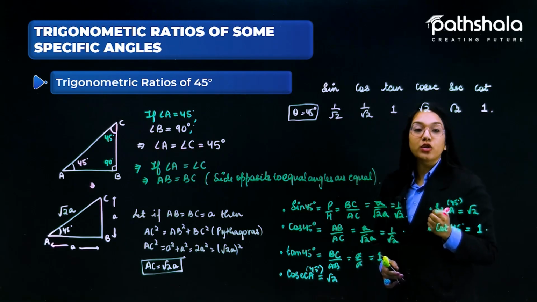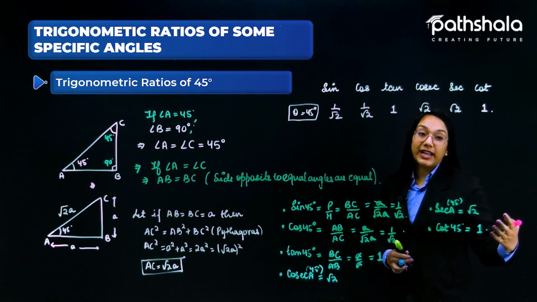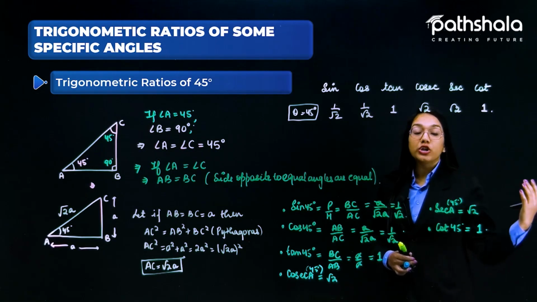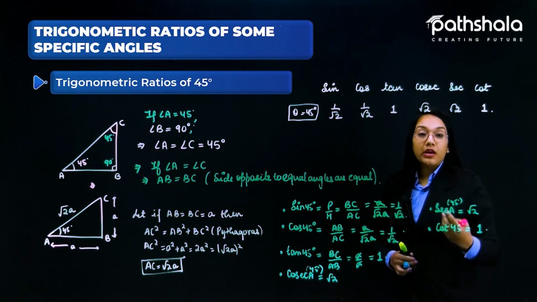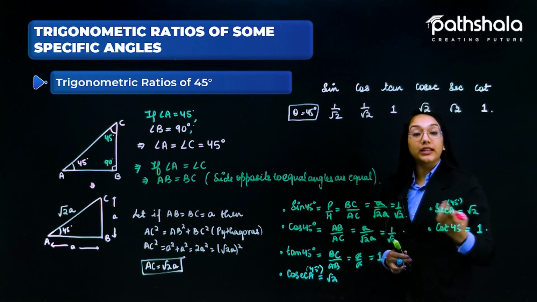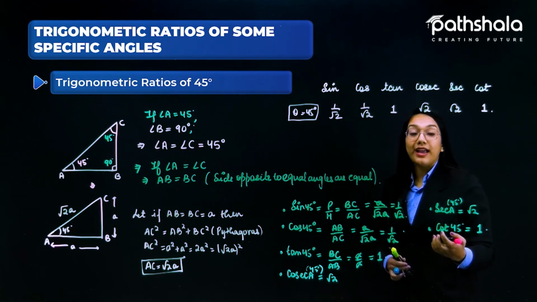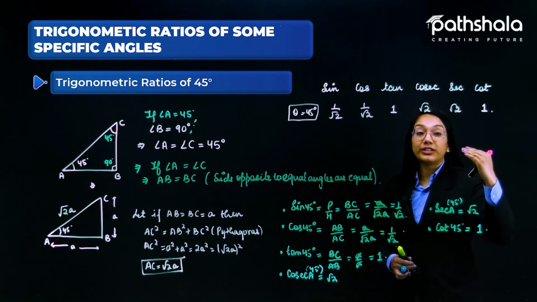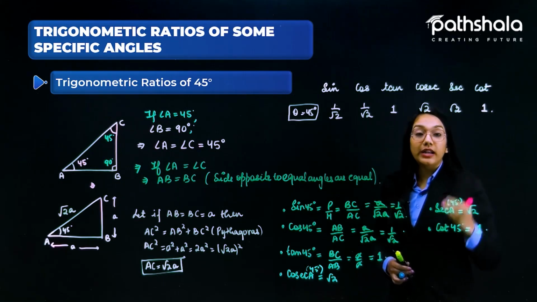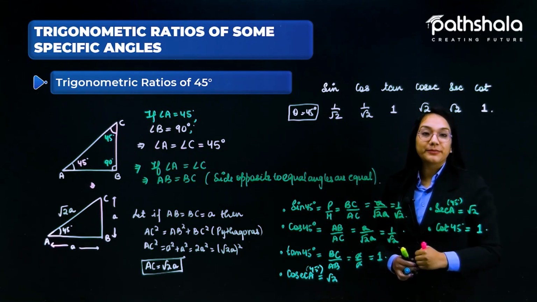Similarly, we can also work on different angles like 30, 60, 90, and so on. Let's see the other trigonometric ratios for angles like 30, 60 and 90, and how we can form a particular table related to the values of the different angles.